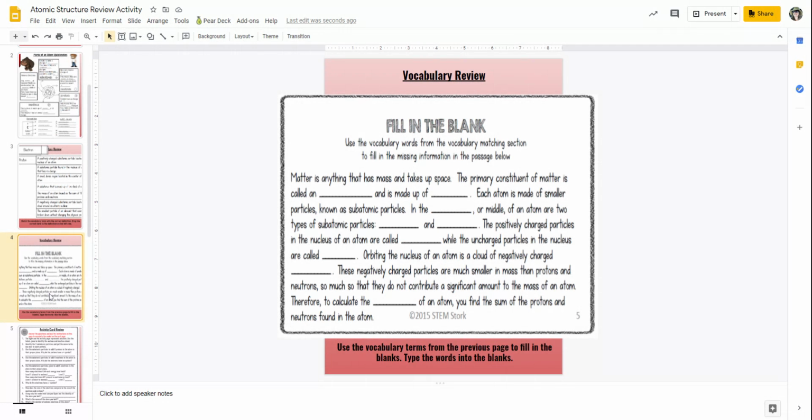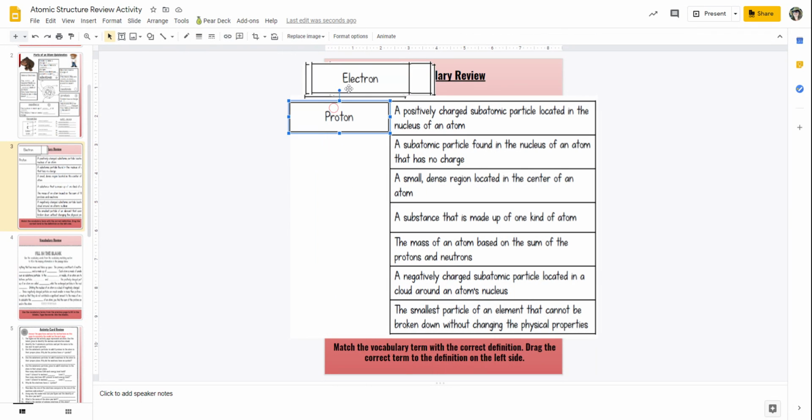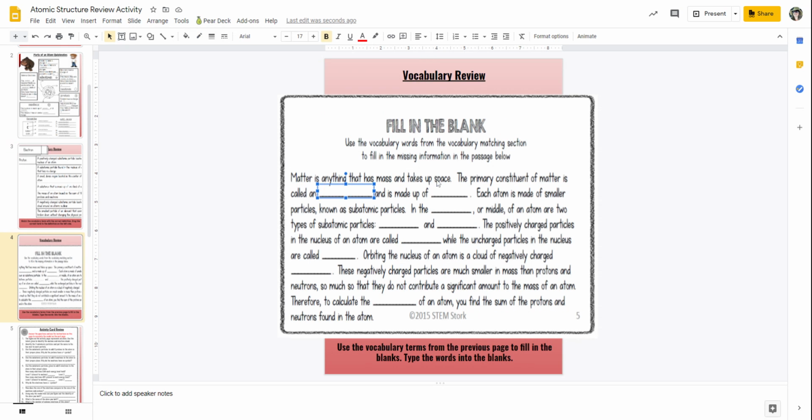Then the next part of the vocabulary review, you're going to use those words. The only words you'll be using are these right here. You'll use only those words to fill in the blanks on this passage. Start with reading the passage and then go back and fill in which word makes sense in that blank.